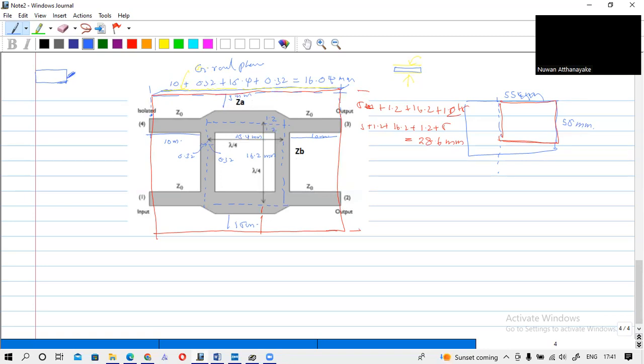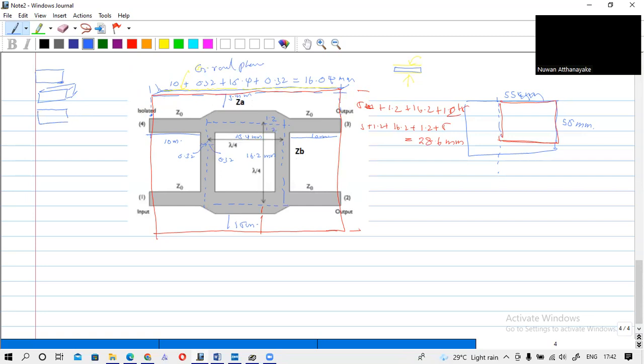But for the dielectric material, you have to use the given thickness. It is very important. For the dielectric material you have to draw a 3D box, and for the ground plane you can draw a rectangle.